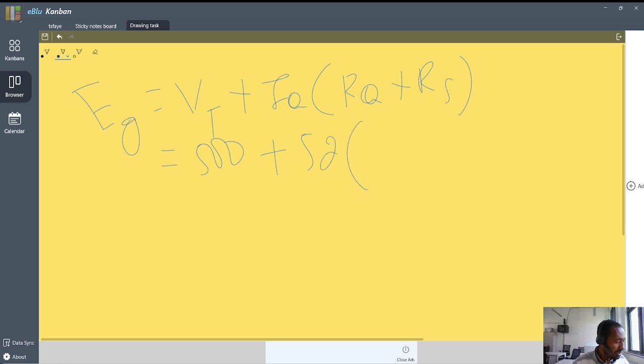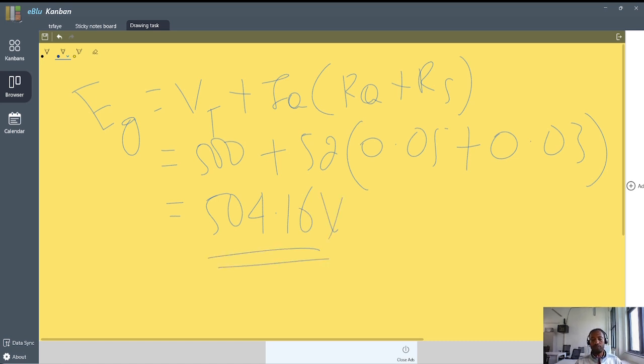RA is given, 0.05, plus RS, it is given 0.03. Therefore our generator voltage is going to be 416 volt. This is the required generator voltage. So we have to attempt it in such a manner.